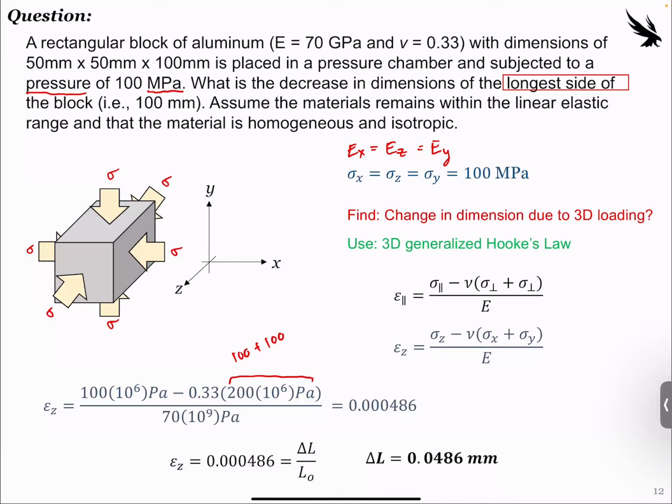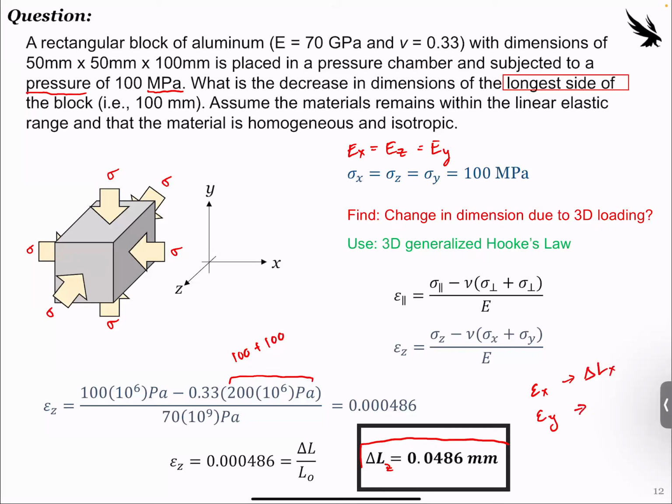0.486 millimeters. Now, the cool thing with this is, since we have this change in the z direction, we could technically use the same equation here and find the strain in the x direction and the strain in the y direction. We can then find the change in length in the x direction and the change in length in the y direction.